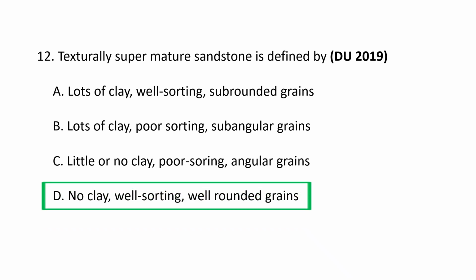So the correct option is D. Texturally supermature sandstone is characterized by absence of matrix, which includes clay and silt, and the presence of well-sorted and well-rounded sand grains. These sandstones represent a significant stage of sedimentological maturity, indicating prolonged transport and abrasion.